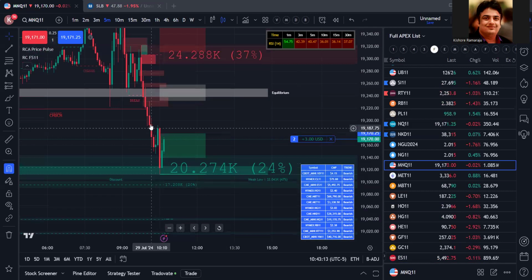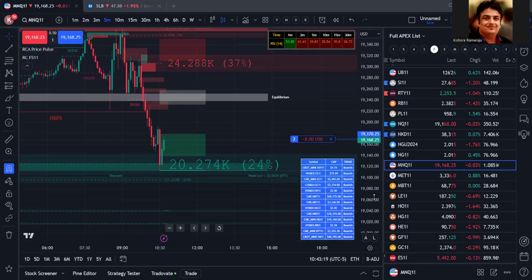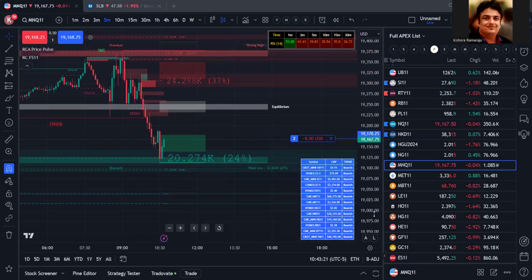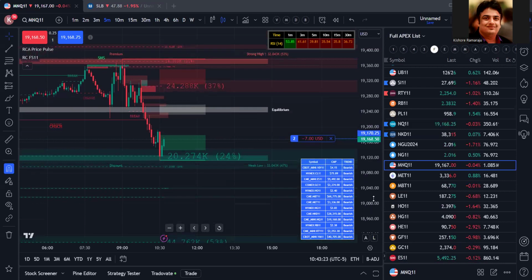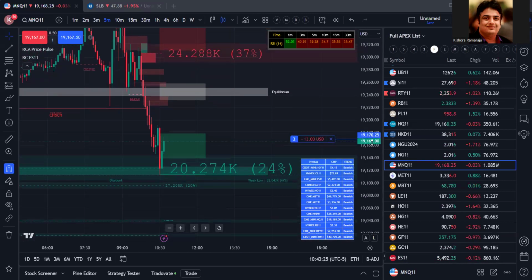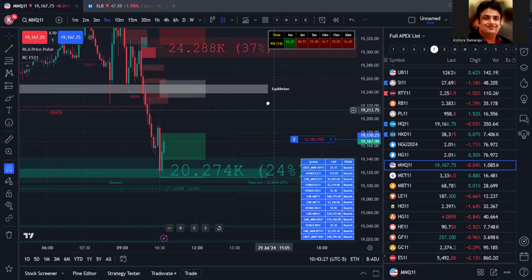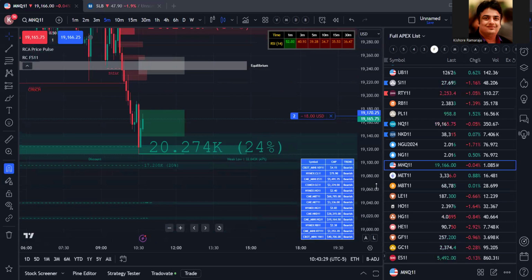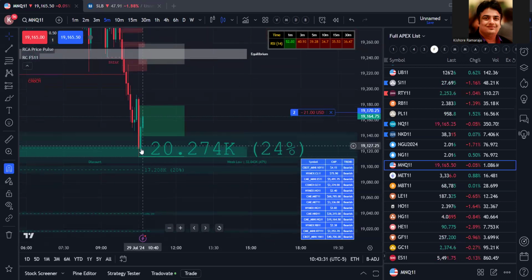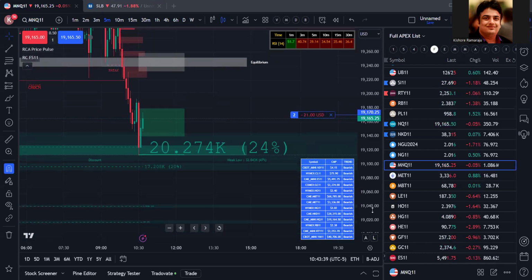But because it is highly volatile, instead of taking NQ, we can take MNQs. Sometimes it may do a double bottom and then go up, or sometimes it will directly go up. That's why we took MNQ.